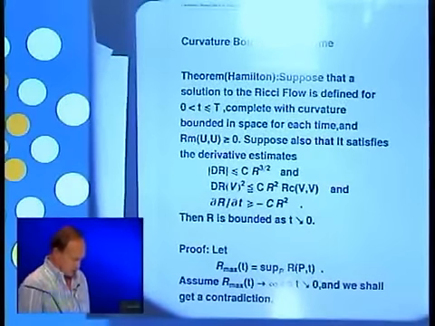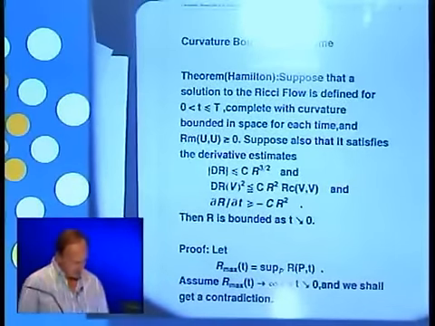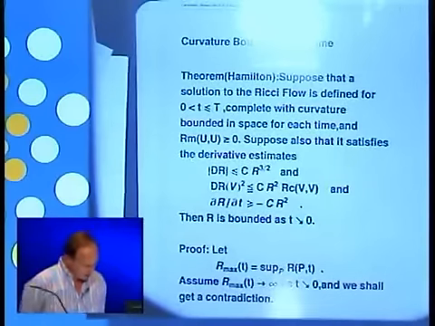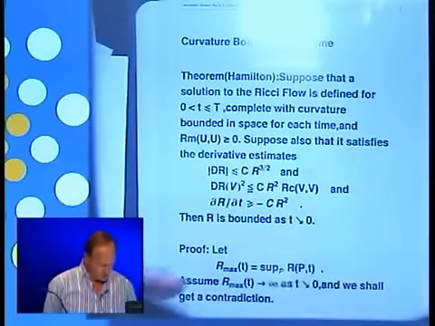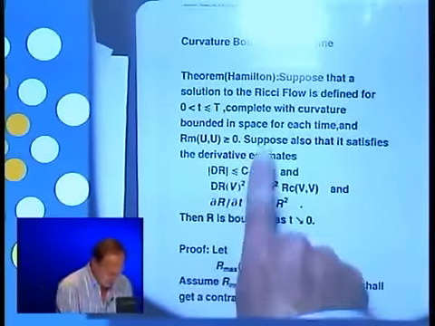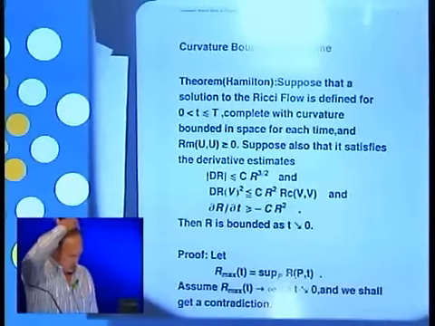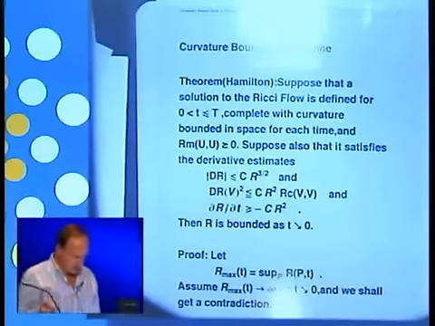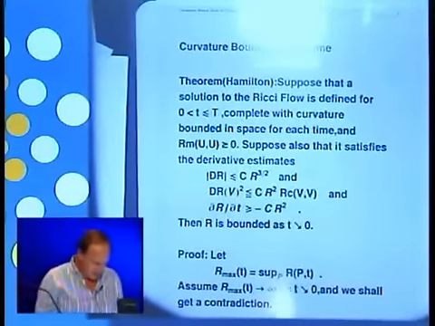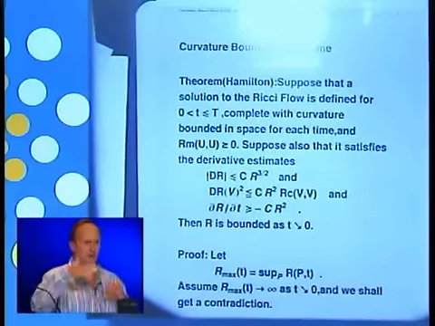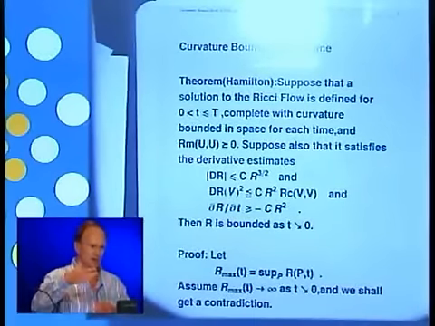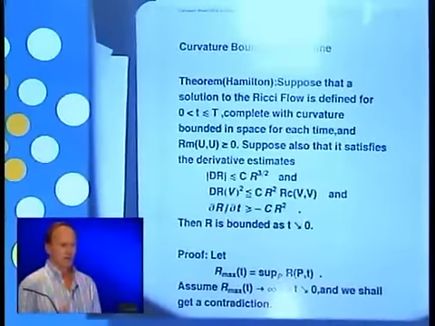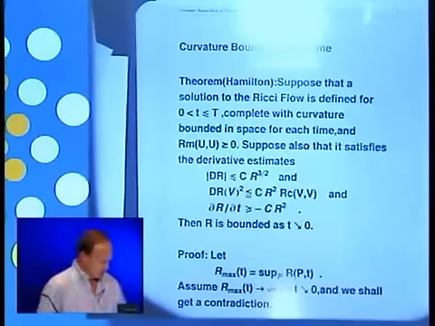But to control the curvature back in time, you use the lower bound on dR/dt. And so what you do is you assume, there's a nice result that simply says, assuming that you have this sort of derivative control, then if you have a solution defined for t bigger than 0, the derivative estimates give you control of R even back at 0, which then lets you continue back past that.